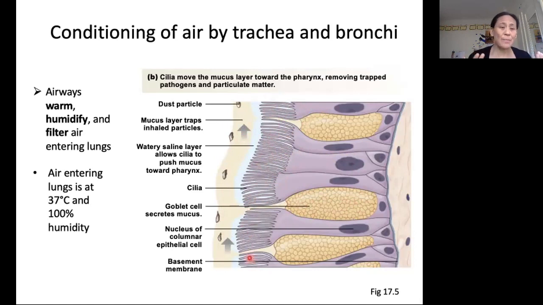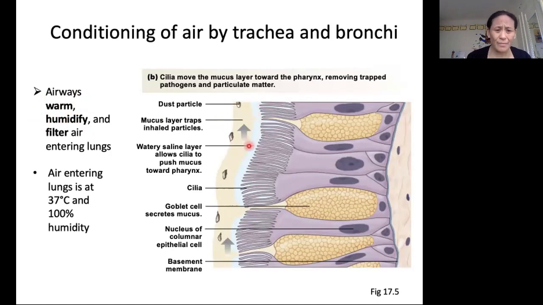So let's talk about the conditioning of air as it moves into our respiratory system. Our air gets warmed just by picking up the heat from our body. That's pretty straightforward, but it is important because cold air can damage the cells of the alveoli. The air gets humidified as it moves through our airways, and that humidification comes from this saline layer.